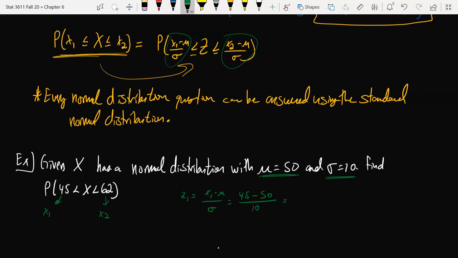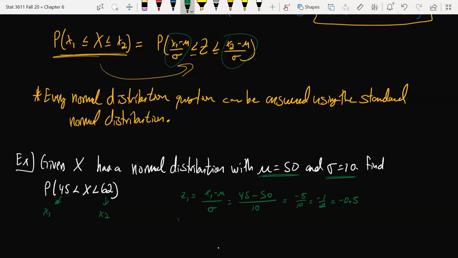So what's the difference on top? That is negative 5 over 10, so this is minus 1/2, or negative 0.5. I'll write this as a decimal because the table is organized as a decimal to 2 places. So we're going to look up negative 0.5 in the table.